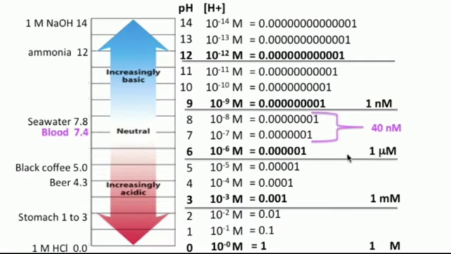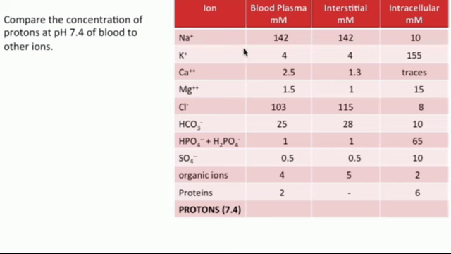Just out of curiosity, how does the 40 nanomolar of protons in your blood compare to the amount of sodium, potassium, chloride? Is the proton concentration higher, or is the sodium, potassium, magnesium higher? Please answer. The physiologist will make a big deal about the concentrations of sodium and potassium in blood or in interstitial tissues versus the concentration intracellularly, where sodium is pumped out and potassium in.